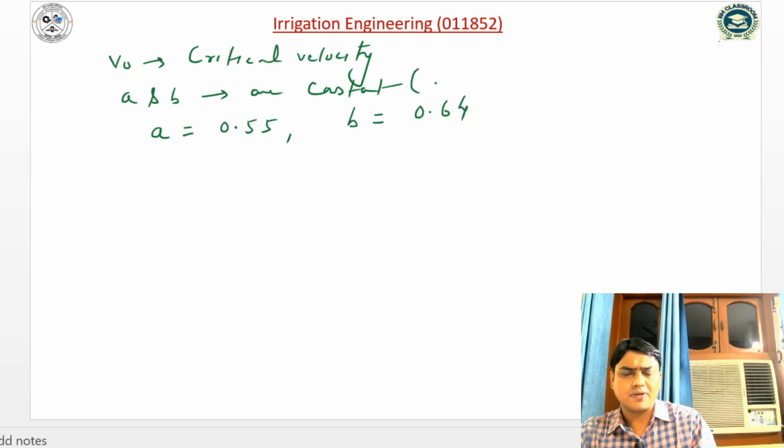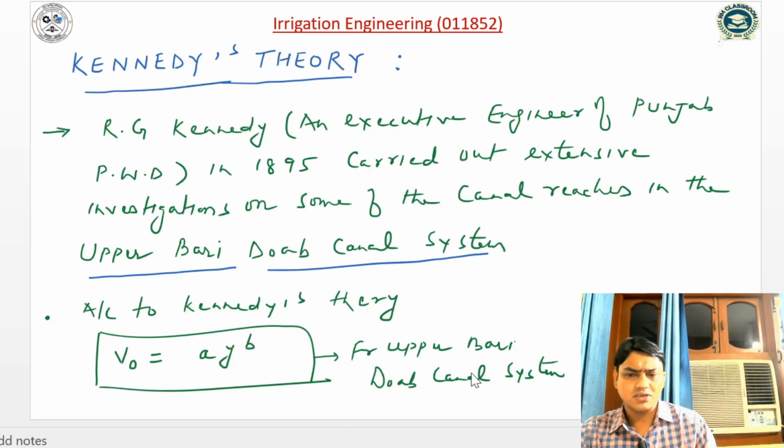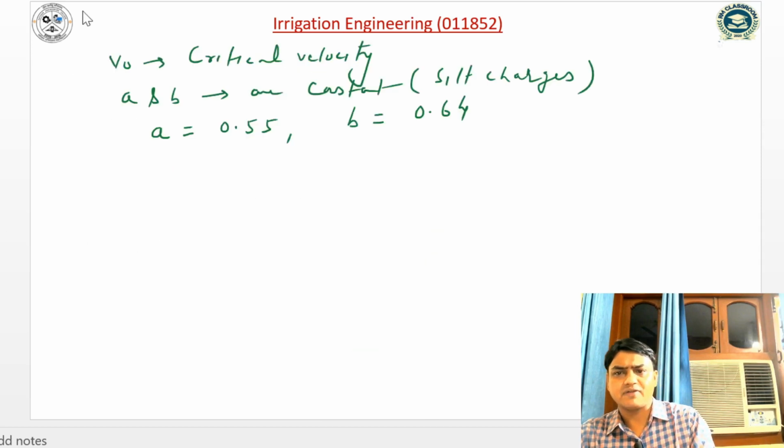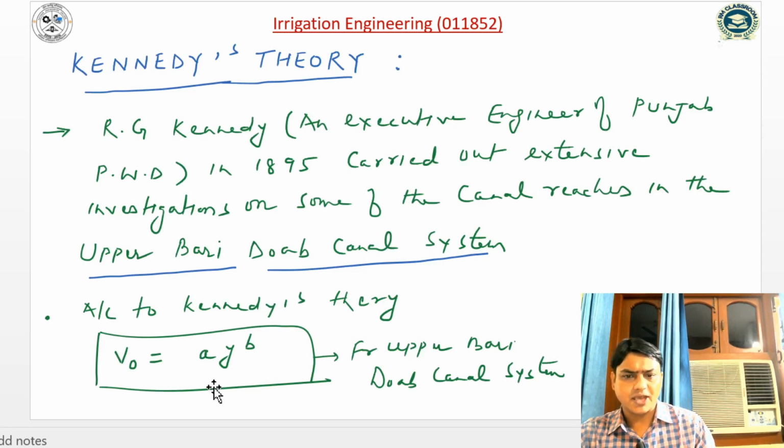These constants depend on silt charges. And this equation is valid for the Upper Bari Doab Canal system only. So Kennedy's theory gave the expression of critical velocity V naught, and this theory is applicable for the Upper Bari Doab Canal system.